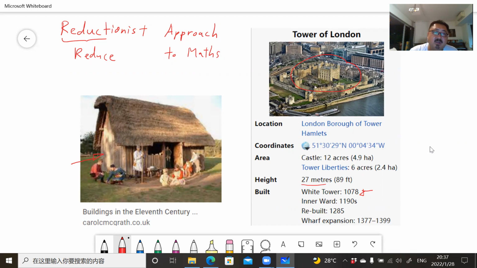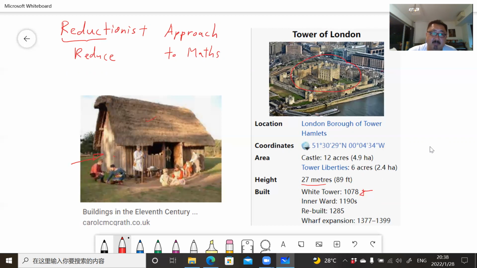They were made out of wood, they were made out of straw. The Tower of London is made of limestone blocks and bricks. So right down to the very basics, they are completely different.